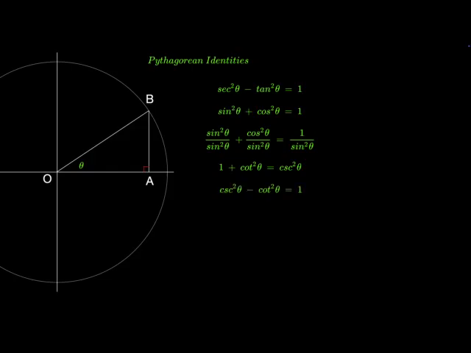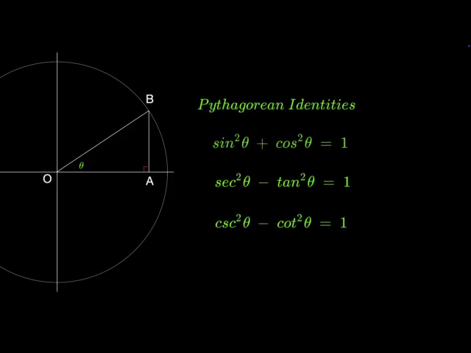Rearranging, we have a third restatement of the Pythagorean theorem, this time in terms of cosecants and cotangents. Of course, this equation is also nonsense where its terms are undefined, which would be where sine is 0, that would be at 0 and pi.